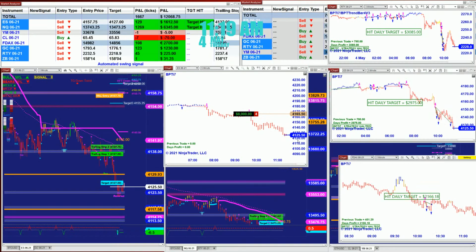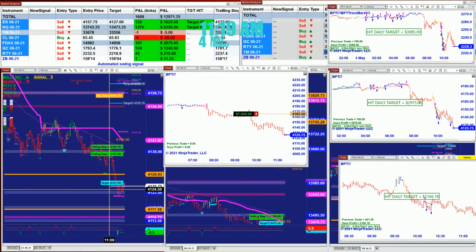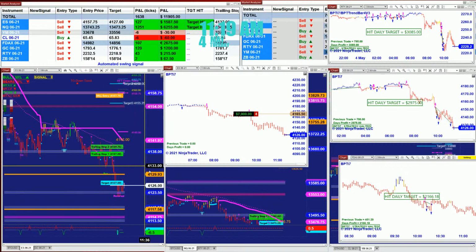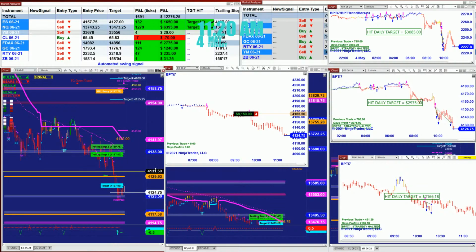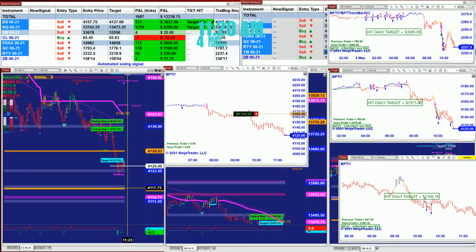Now it is 41.25. I want to see what is 41.25 here. 41.25 is coming to the support area, 41.23. If we break this area, which I estimated today, if you go back to the video, I told you today we are going to the 4117.